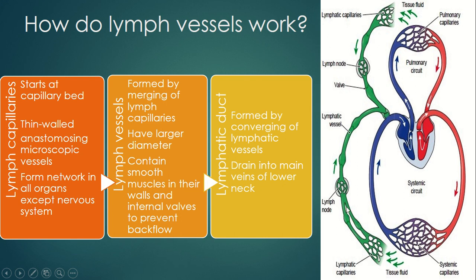So lymph flows through these lymph vessels throughout the body, and finally when the vessels from a number of tissues unite together, they form a lymph duct. That lymph duct finally drains the lymph into the larger veins near the neck. So this was all about the 3 types of lymph vessels.